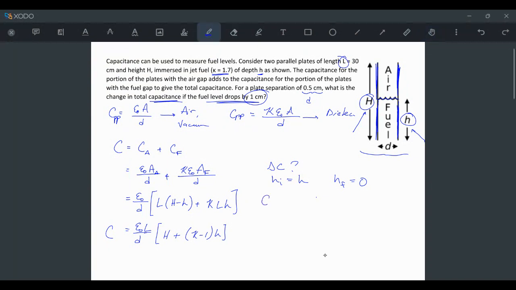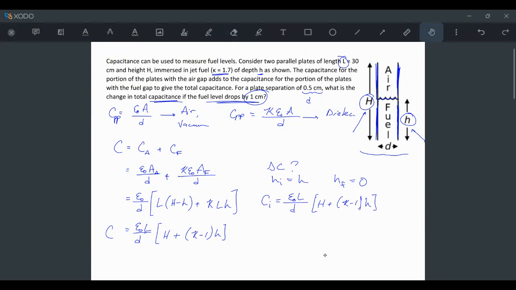So what was the capacitance in the initial state? Well, we can just copy what we have. Kappa minus 1. And we could write H initial. But because we said H initial, I'm just going to give that the variable H, switching the meaning of what H is.